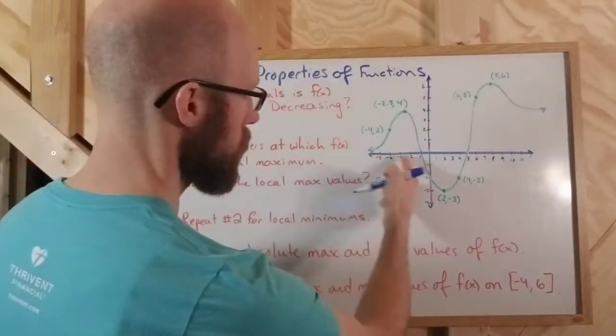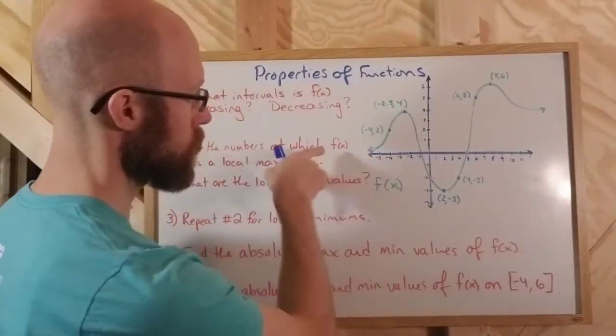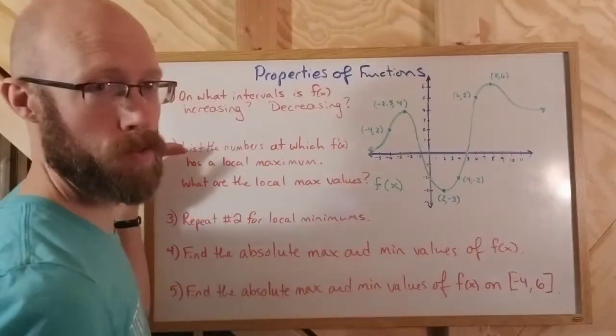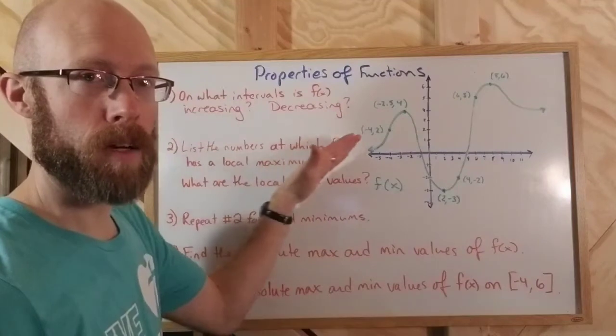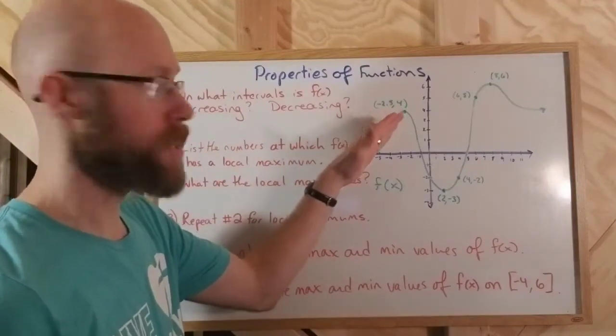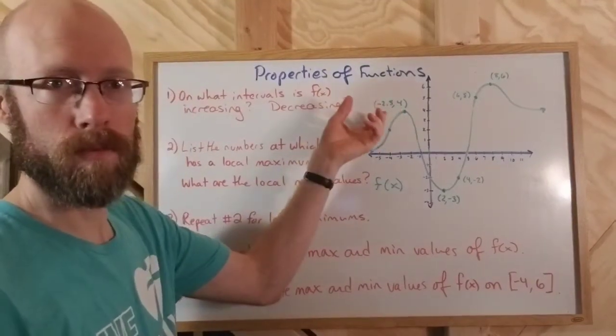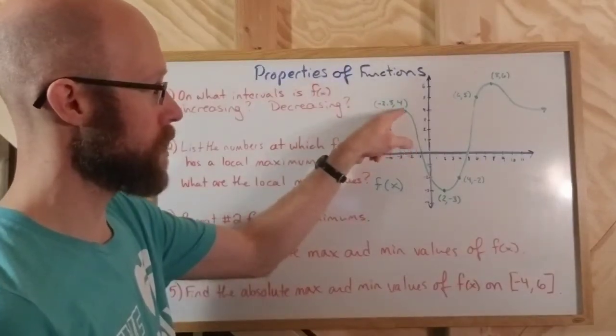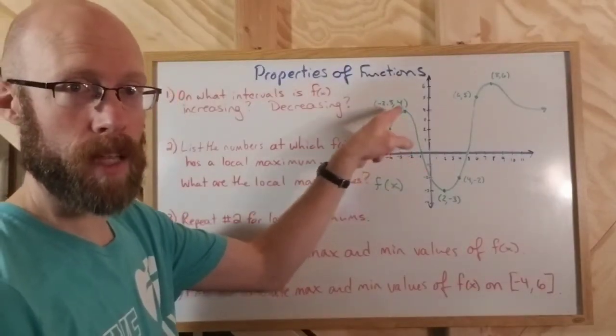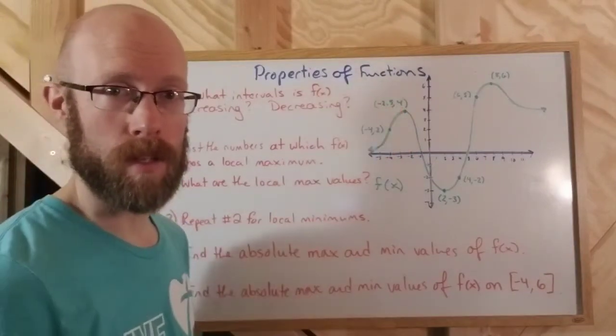So the interval on the left here, where it's increasing, well, it would be from negative infinity, right? This graph goes indefinitely to the left, and it comes up, and it stops increasing at what we're going to call a local maximum in a moment, and then it starts decreasing.